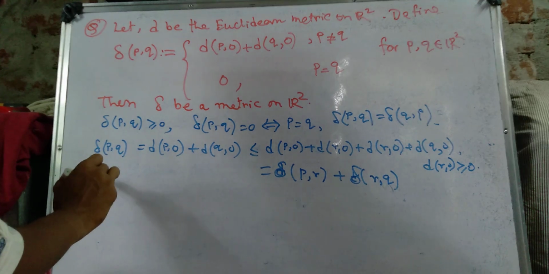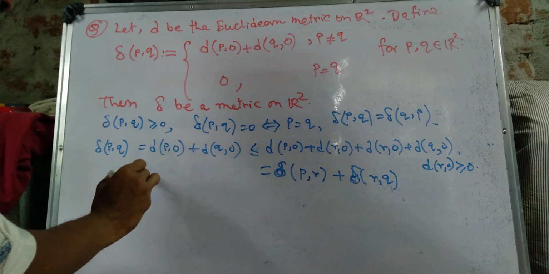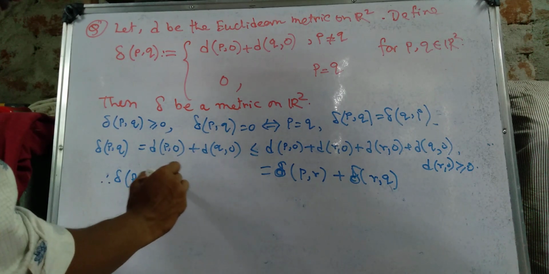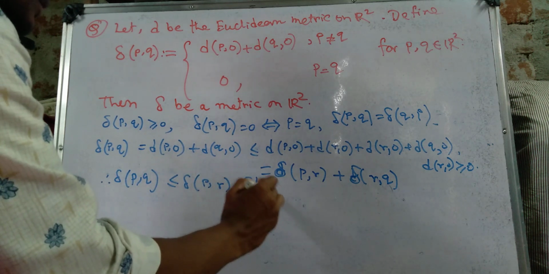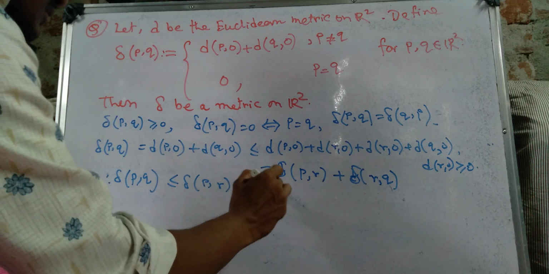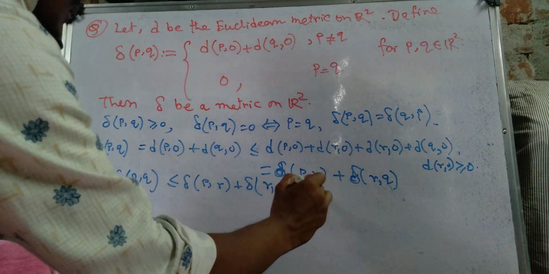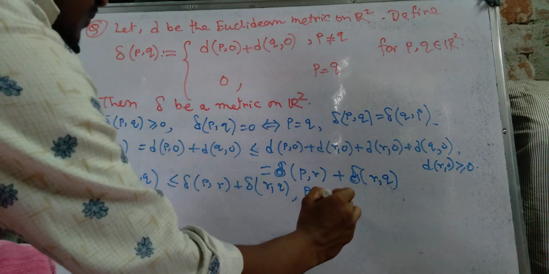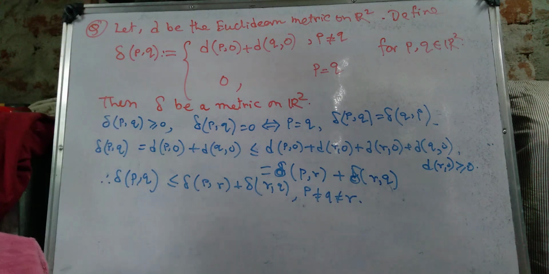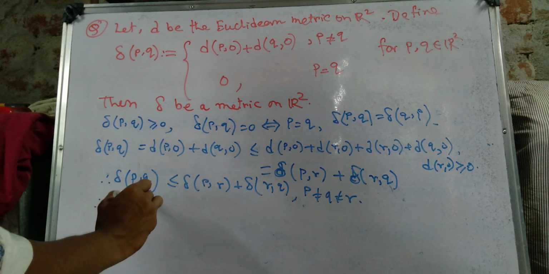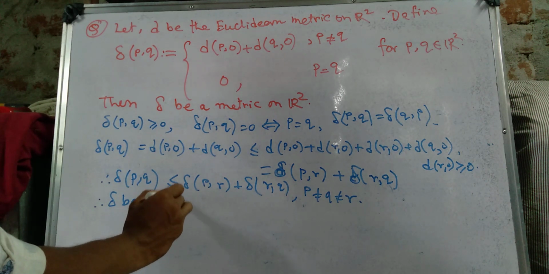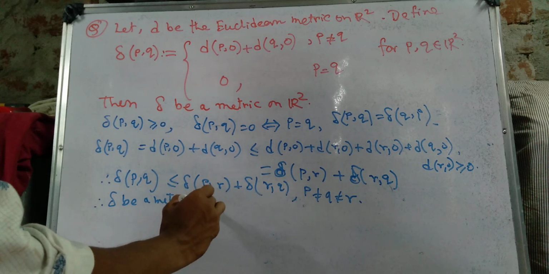Then delta(p,q) is less than or equal to delta(p,r) plus delta(r,q) for p, q, r distinct. Obviously the triangle inequality holds, then delta is a metric on R squared.